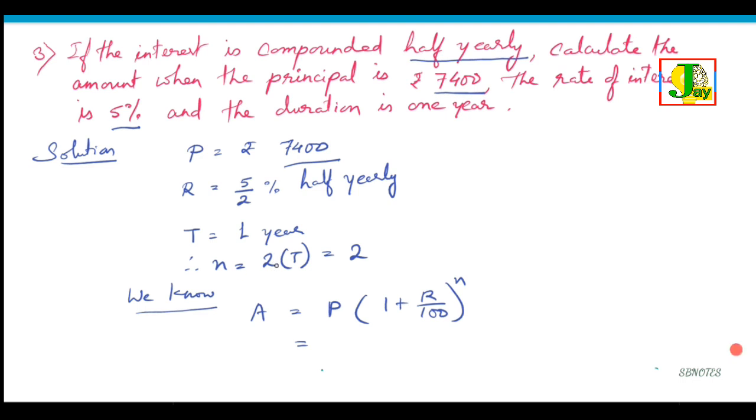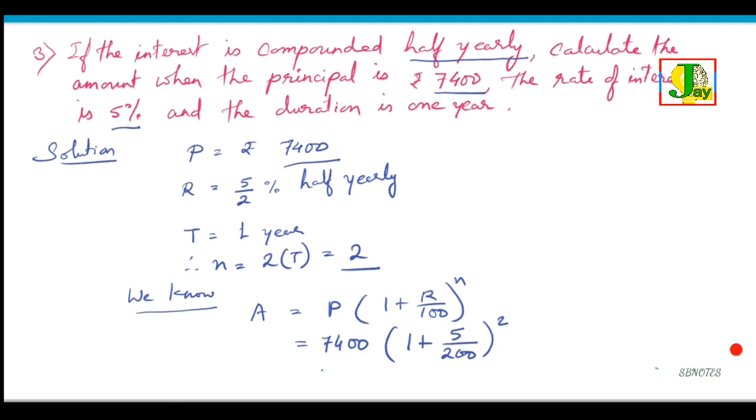So n equals 2 into 1, that is 2. Now we'll just put the values here. P is 7,400 into 1 plus 5 by 2 into 100, that is 5 by 200. Power will be 2.